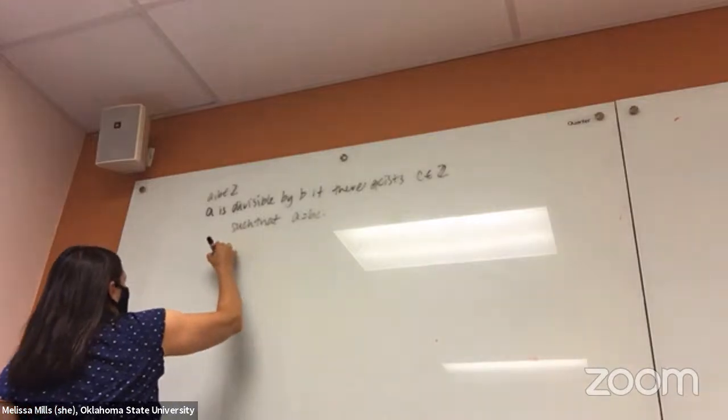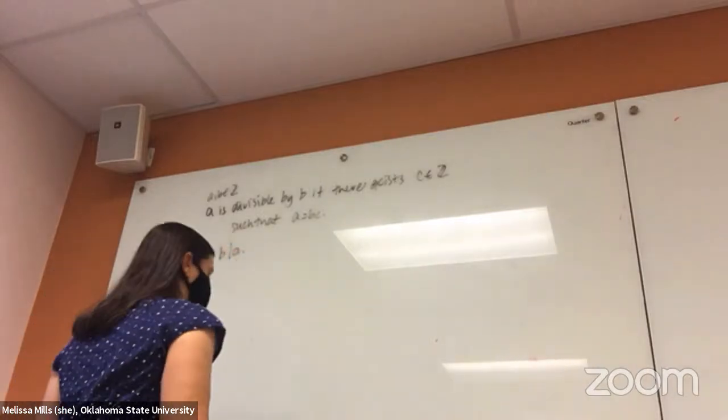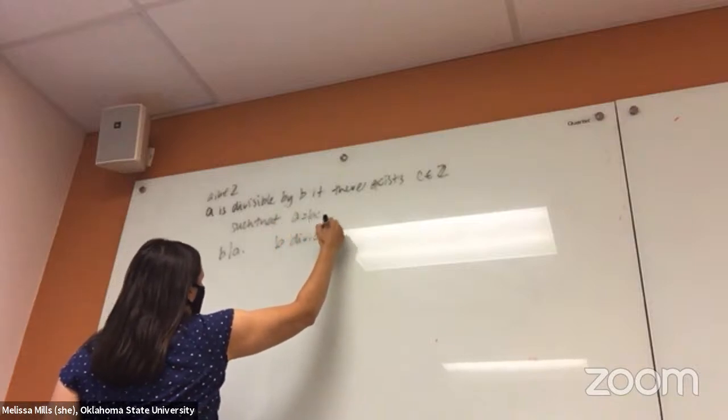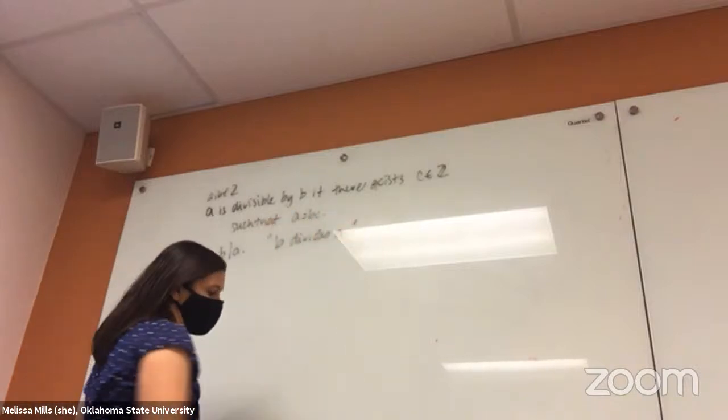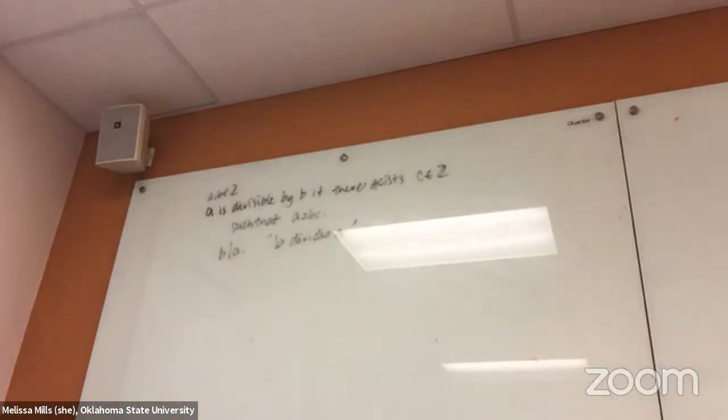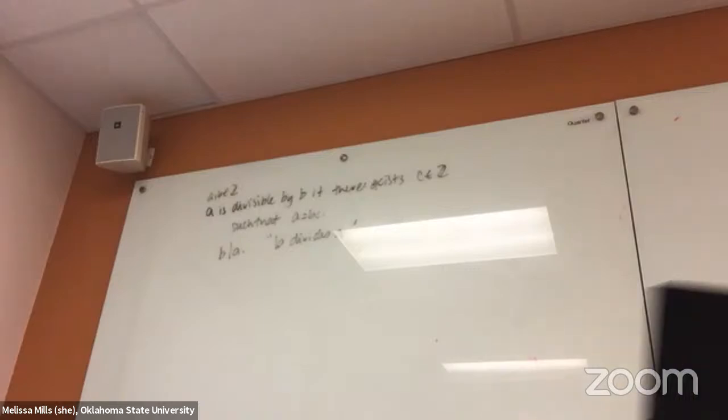And we write this B divides A. So we say B divides A. What's written in the definition is we say that B divides A if A equals BC for some integer C. So anyway, there's that. We were right here with this question.